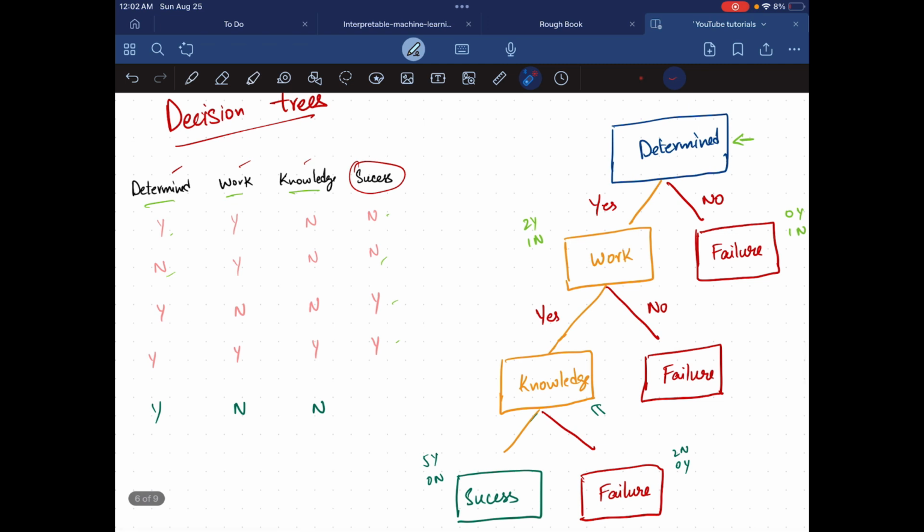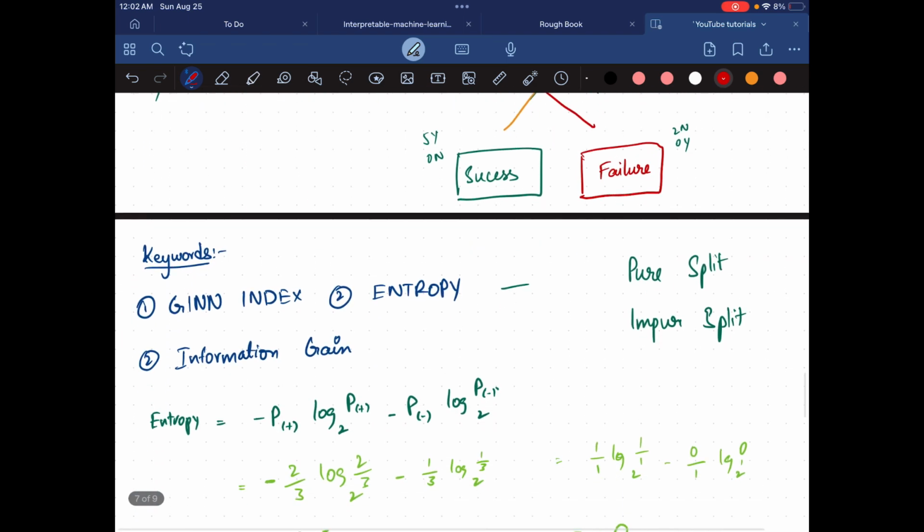So how exactly do we draw the structure? There are a ton of decision tree algorithms where you put the data in and you get this set of rules. To get these rules, there are a few terms to get to know before that. Let me introduce them.